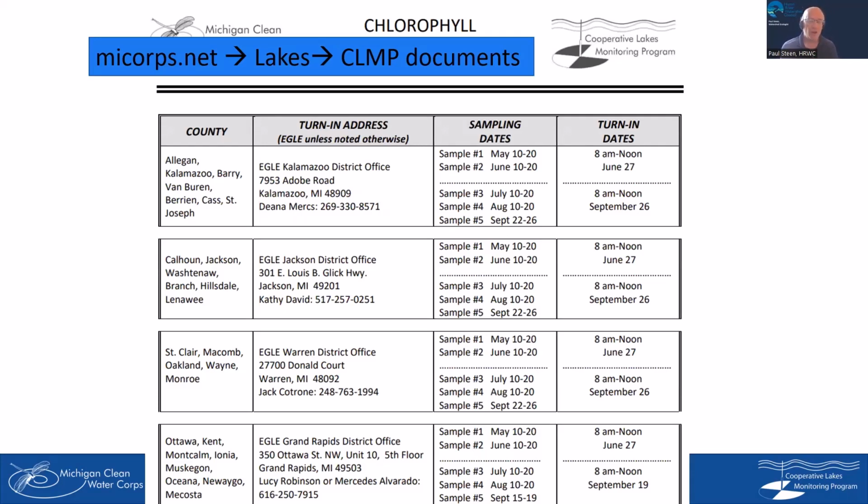So there is a sampling schedule that you should all have, and it will come with your equipment when you register for chlorophyll. And if you don't have it and you need a version that you can look at, you can always go to our website, MiCorps.net, then go to lakes, and go to CLMP documents, and you'll be able to find this document.